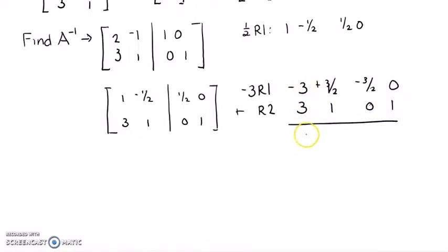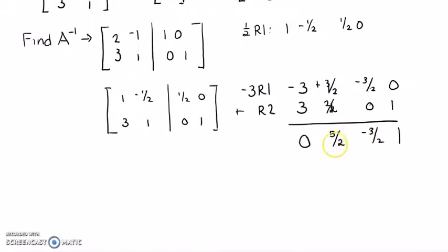When I add these, my x coefficients are eliminated. 1 is the same as 2/2. So when I add that, I get 5/2, negative 3/2, and 1.